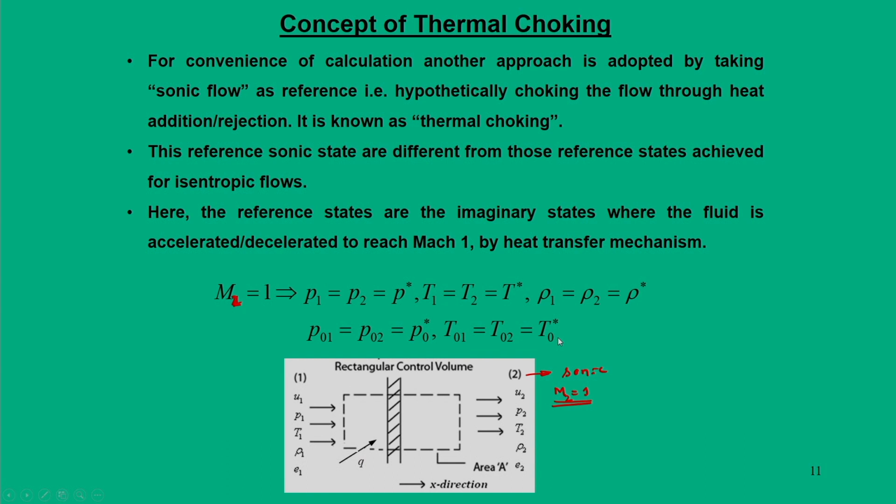In fact, it is also possible that we can bring any condition to star conditions. When I say star condition, at that point the Mach number will be 1. But how is the star condition reached? Through heat transfer.